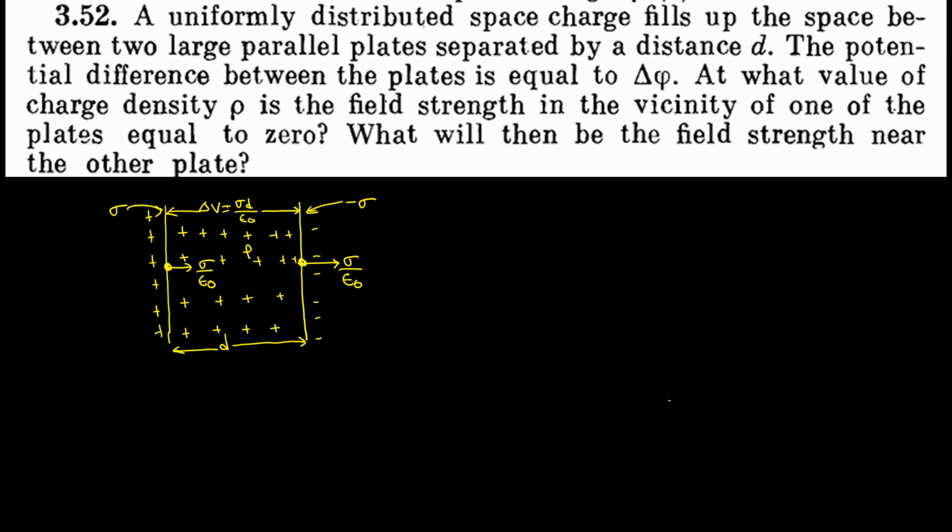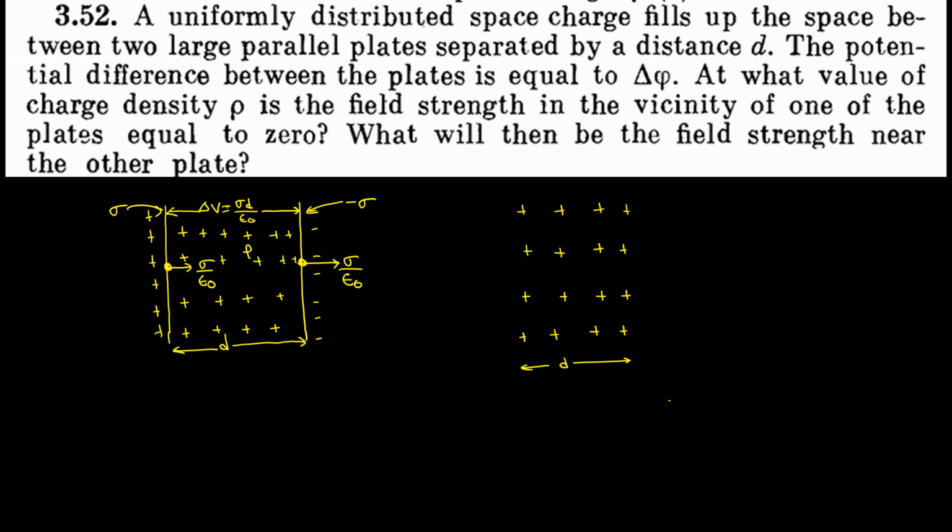Due to this new charge, the electric field at one of the plates will become zero. So what is happening out here is that a new charge is introduced out here. This is the new charge, and the thickness of the charge is d.